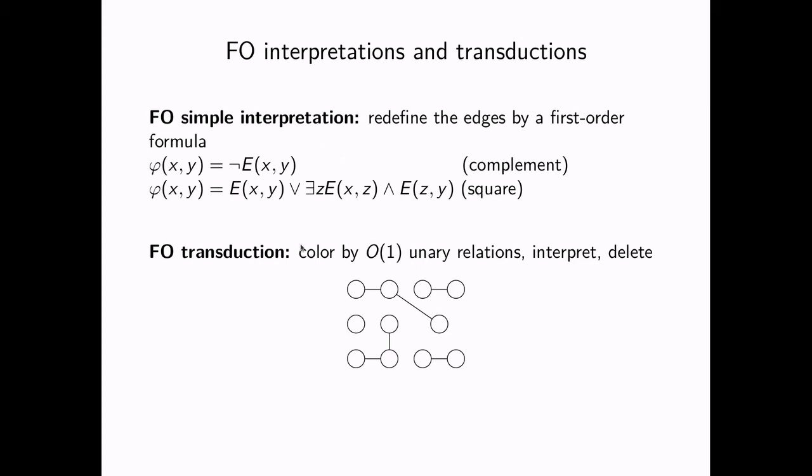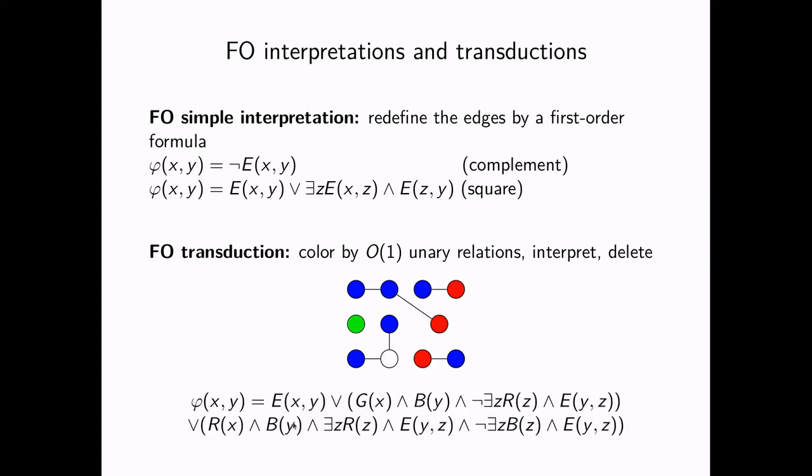And there is something more robust that from one graph creates a collection of graphs, which is a first-order transduction, where you initially can color your graph with a constant number of unary relations. So you put the constant number of colors. This comes non-deterministically. Then you interpret.